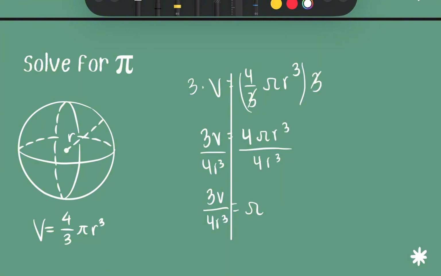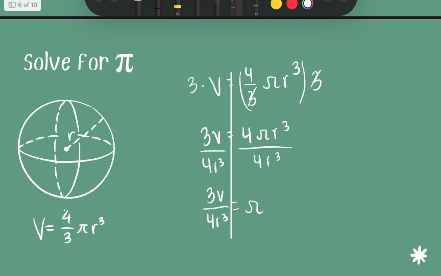And the way that I know I did this right is that everything should be doing the inverse from the original equation. So for example, here we're dividing by 3, but here we're multiplying by 3. Here we're multiplying by 4, but here we're dividing by 4. And same thing, here we're multiplying by r cubed, and here I'm dividing by r cubed. So that's how I know I did it right.